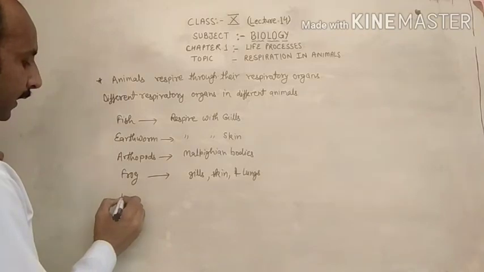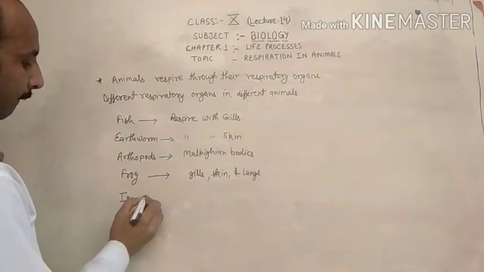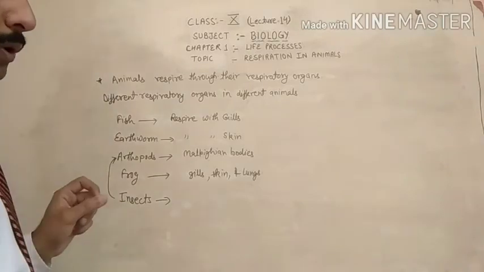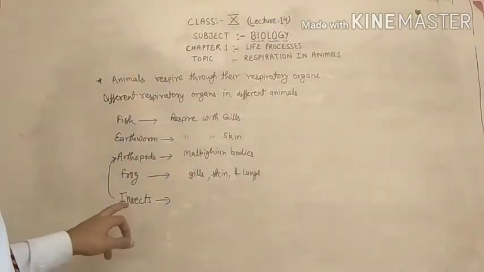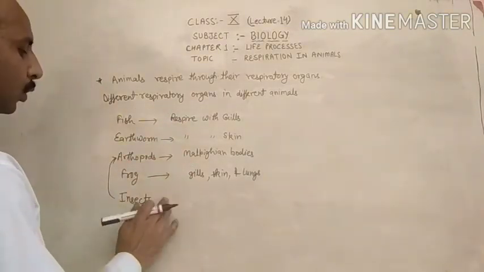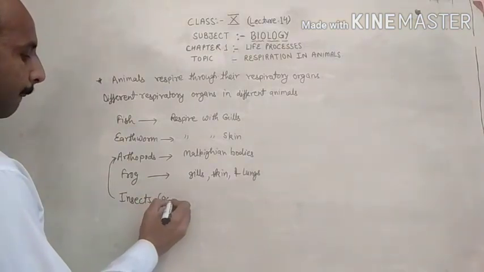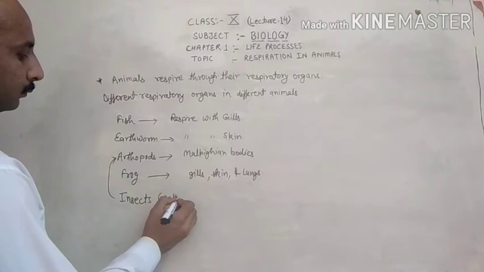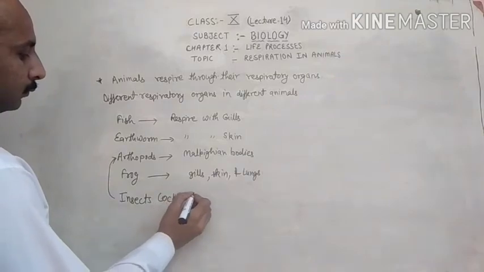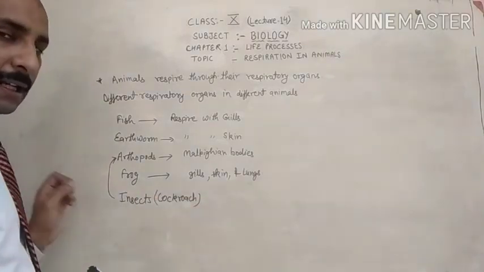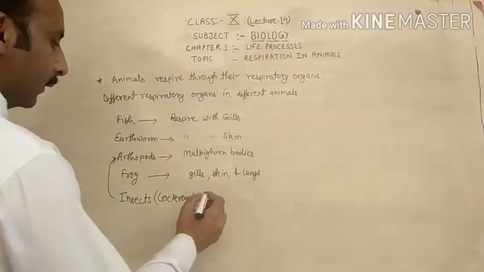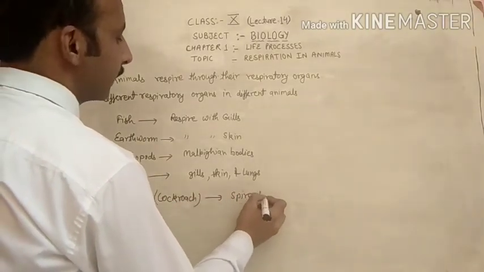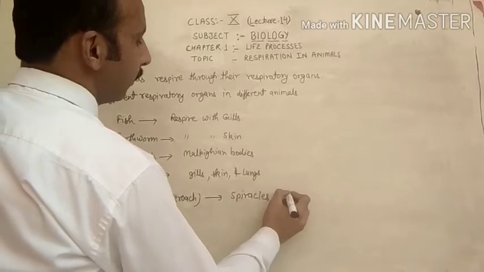Then insects are also part of the arthropods, but I am taking insects as an example. Cockroaches and grasshopper respire through spiracles and tracheae.